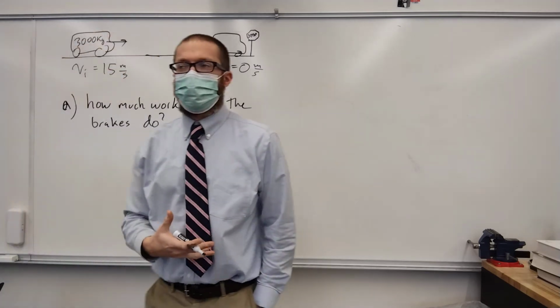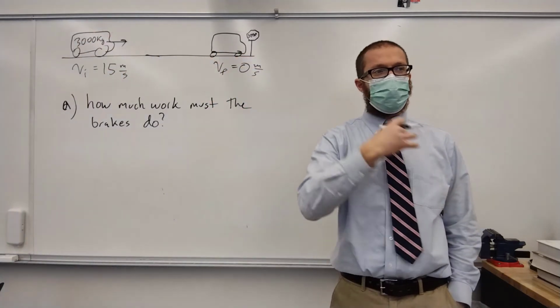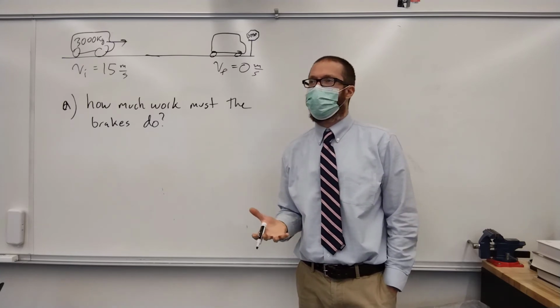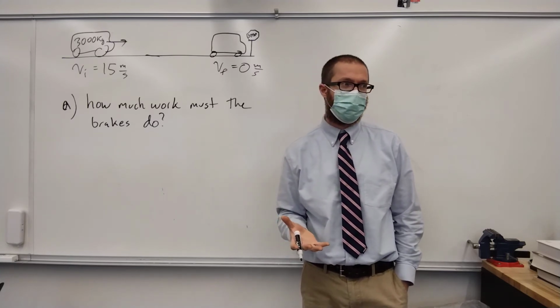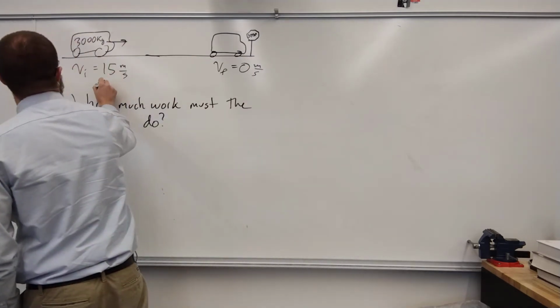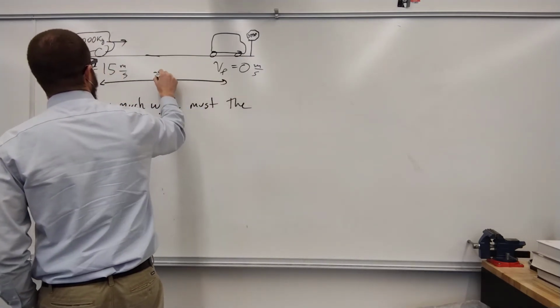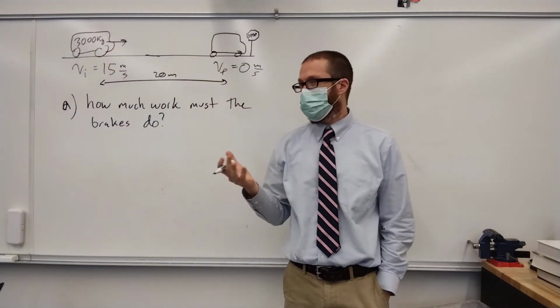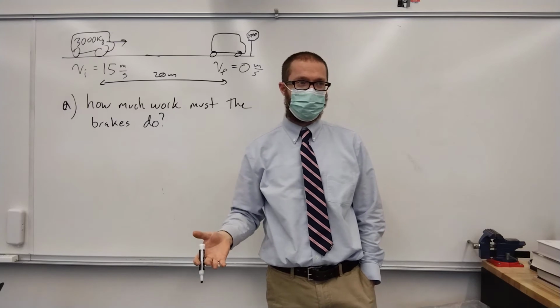Because if you're just purely looking at the equation sheet and you say work equals force times distance, well, I don't have a force and distance here. I could give you a distance. Say it takes 20 meters to stop. Well, I still didn't give you a force. So you can't use force times distance.